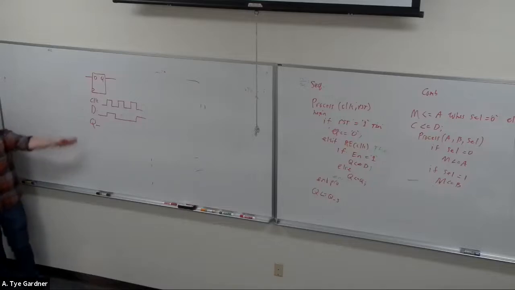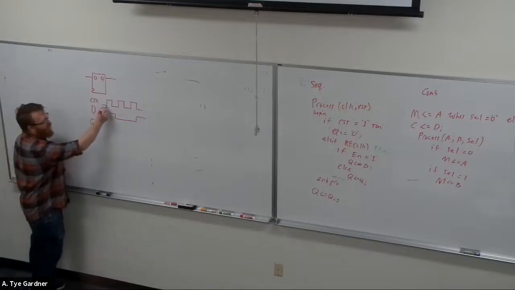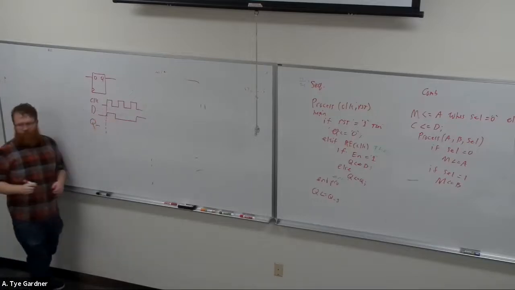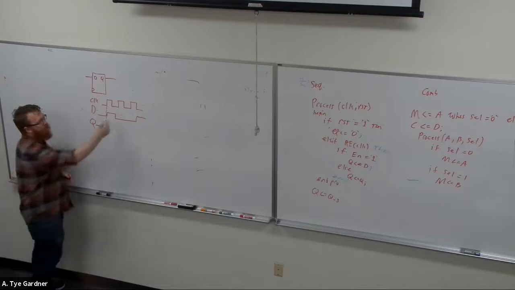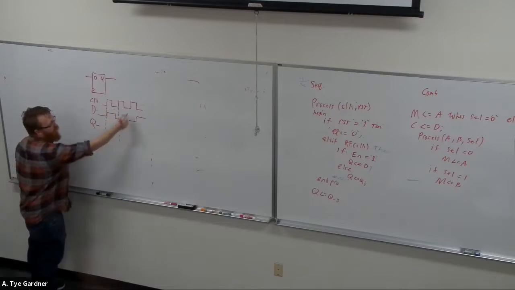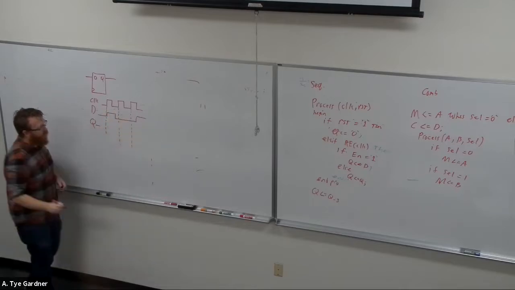And I would give you vertical lines that help illustrate where the times were, so you would have to kind of guess. But the first thing that you would do is pay attention to important locations. If this is a rising edge device.